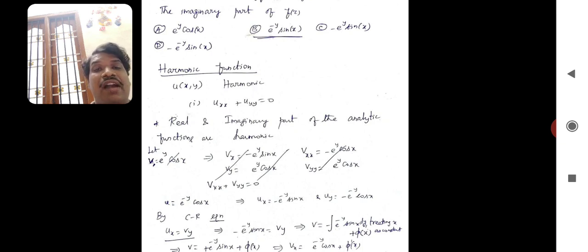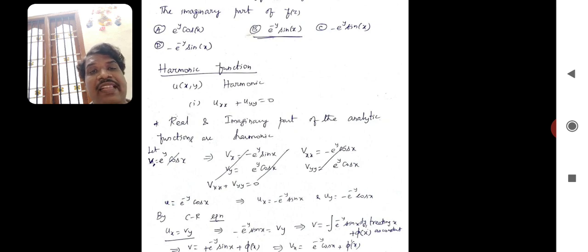So I got v as e power minus y into sin x plus phi of x. From this v, you find vx, that is, differentiate v partially with respect to x. When I differentiate v partially with respect to x, e power minus y is constant, sin x becomes cos x, and phi of x becomes phi dash of x.